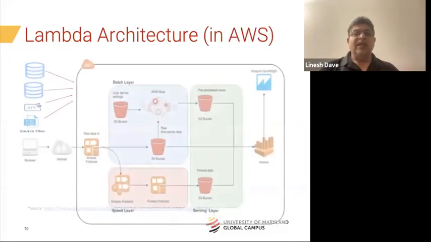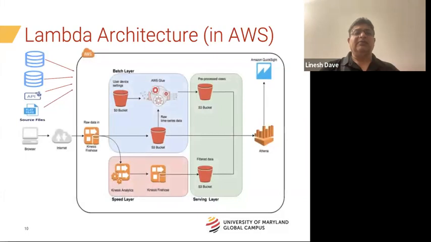Okay. So now if you simply think about building Lambda architecture in AWS, it is going to be very similar to what you see in this AWS diagram here, in the topmost part, the batch layer.